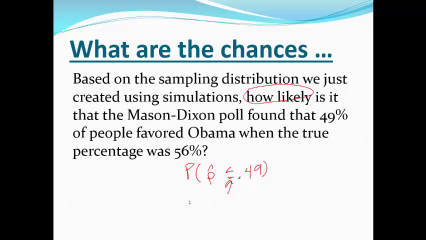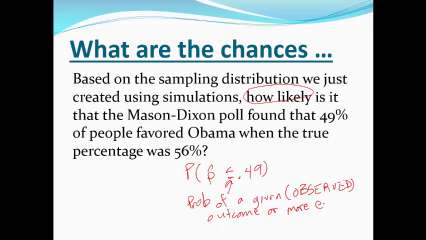We always want to find the probability of a given outcome, or an observed outcome, or something more extreme. That means, if you think about it for just a minute, we were supposed to get 56%. Well, 49 is below it. So 49 or more extreme would be everything at 49 and below.